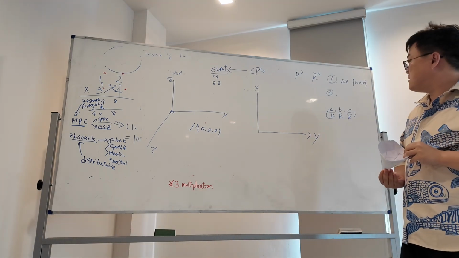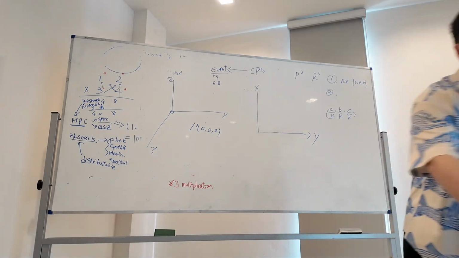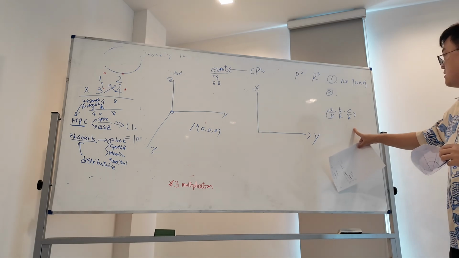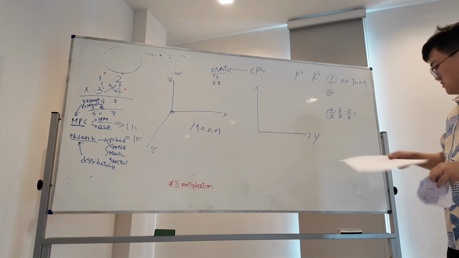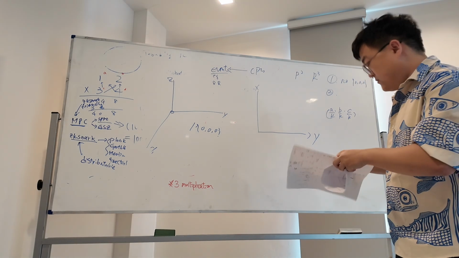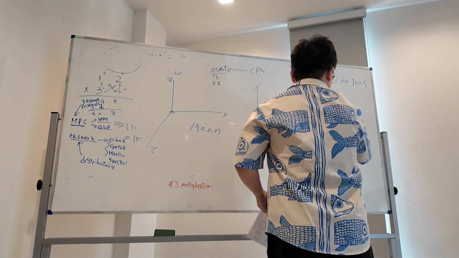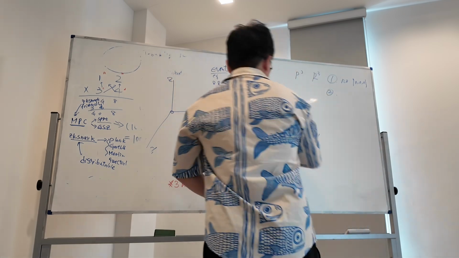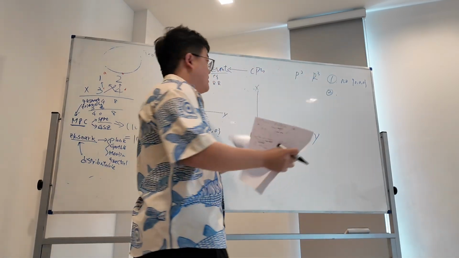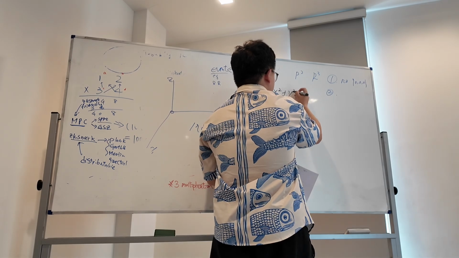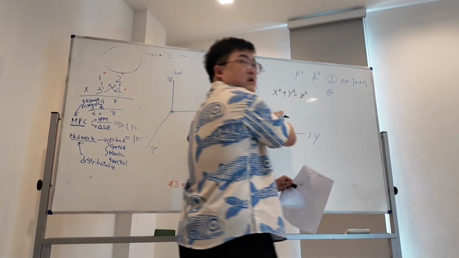Let me think. Okay. Let me write down the equation. So for this shape, we have x squared plus y squared equals z squared, right?